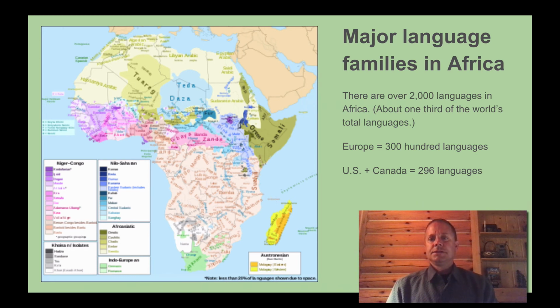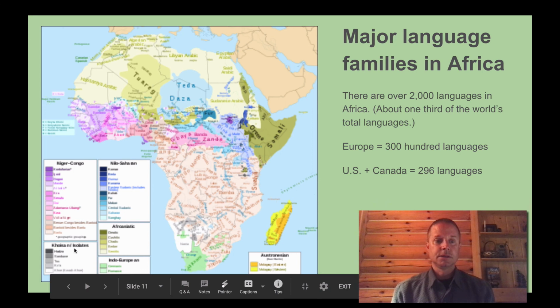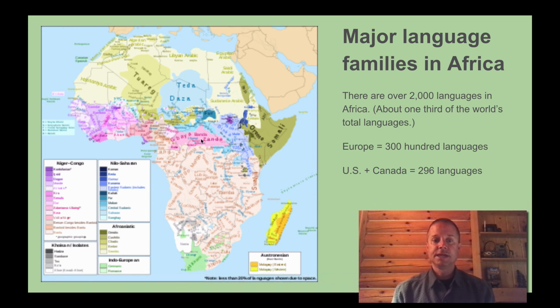What about languages? The language situation is interesting in Africa. There are over 2,000 languages, and these colors show the major language groups that exist in Africa. But it doesn't show all of the details because there's so many you can't fit them on. This map's a little blurry, but each word represents a different language group. To put that in perspective, in Europe there are about 300 languages. In the United States and Canada there are about 296 languages.